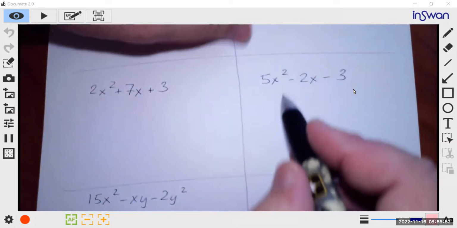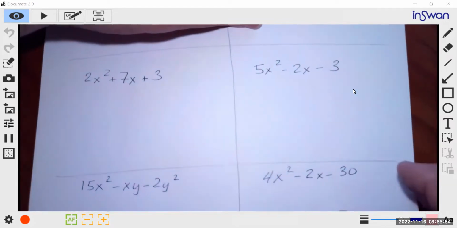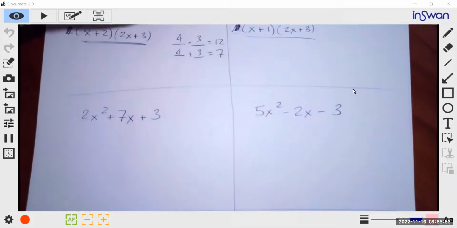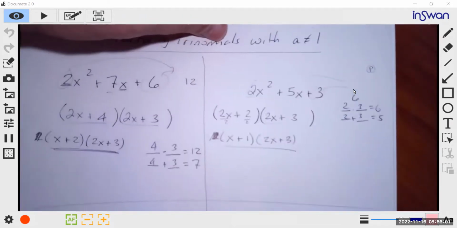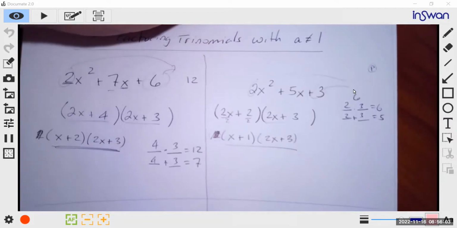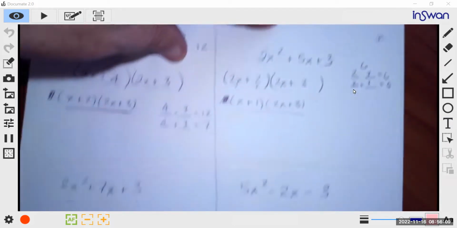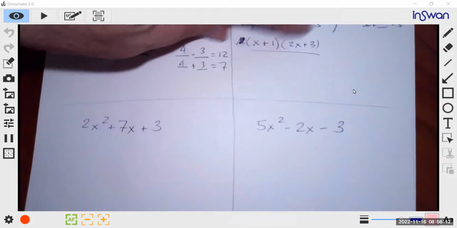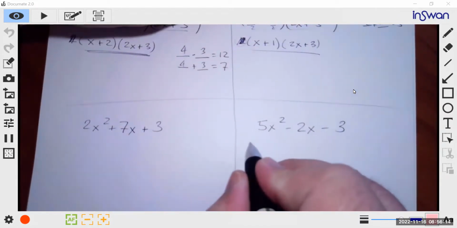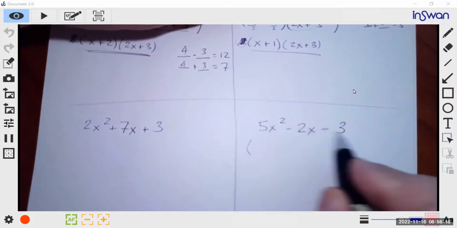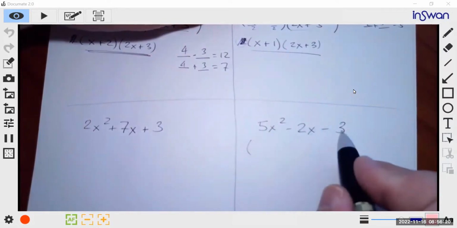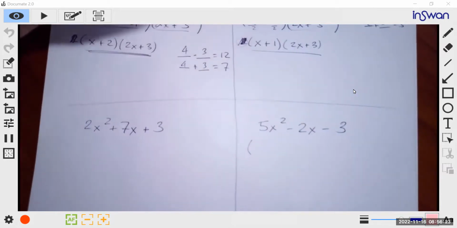Let's try this one. Let's try something other than a 2 coefficient. Remember, first thing, can anything factor out of the original equation? No. Always look at that first before you go any further.